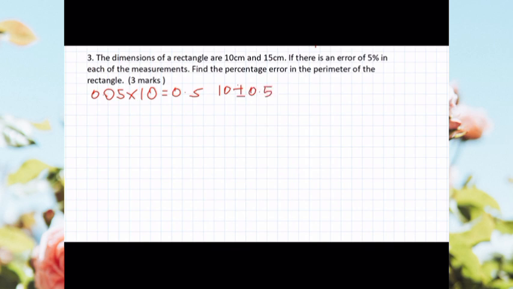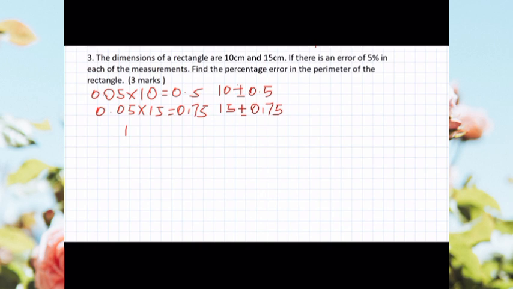Then we also find out what is 5% of 15 centimeters. So we take 0.05 of 15, and we find that this is 0.75, meaning that the measurement 15 centimeters is now plus or minus 0.75.